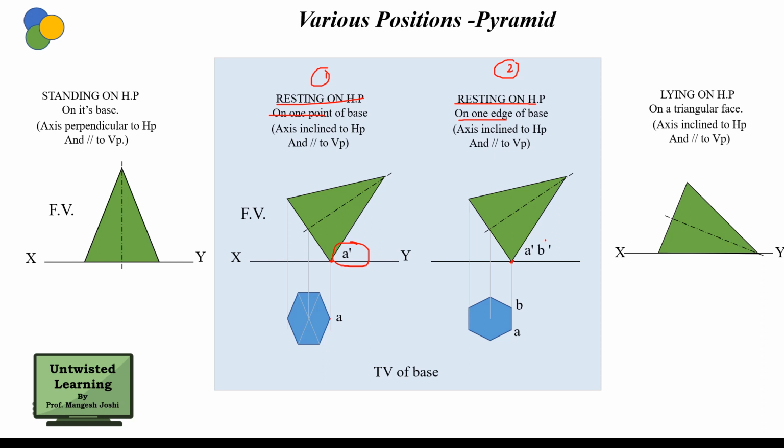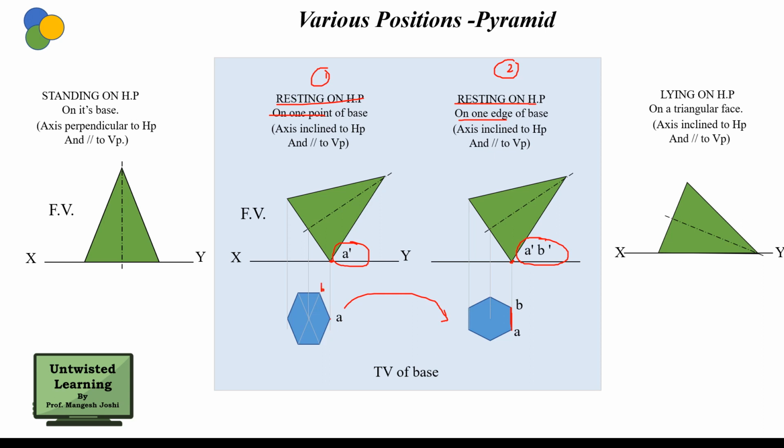So you must have 2 points over here, that is A dash and B dash. So in this case, you can observe the change of position of this top view. So what we have done, now vertically you have a side or edge. Okay, so you will get 2 points over here.